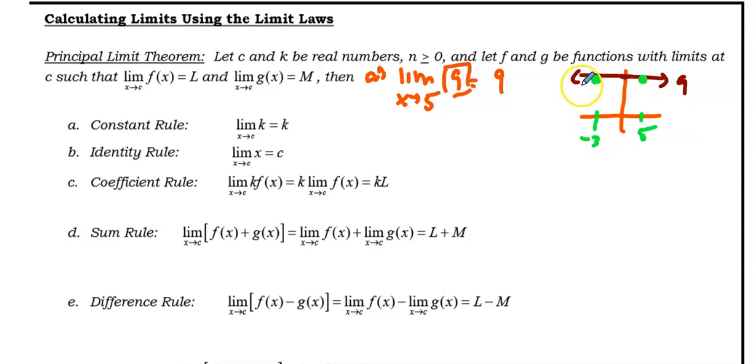No matter where we are on the x-axis, no matter what x we're approaching, all of our y values are going to be the same, hence the equation y equals 9. So this answer is going to be 9. When you're taking the limit of a constant, whatever it is, it's always going to be the constant. So that's what A is telling us.